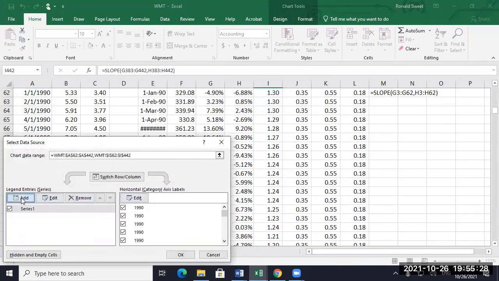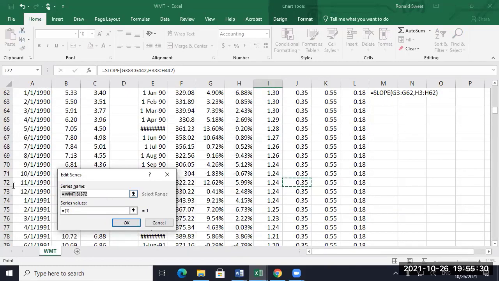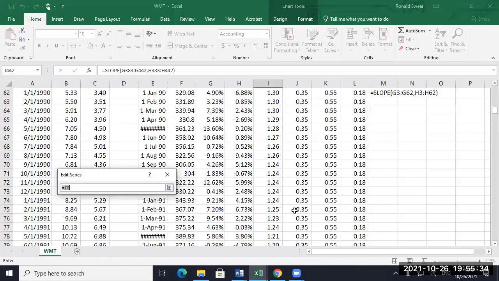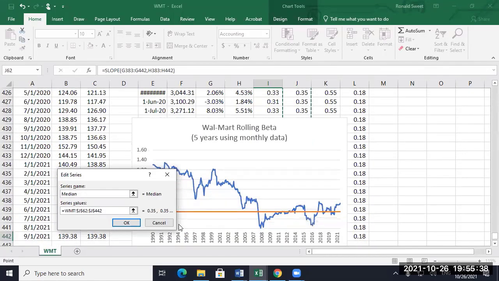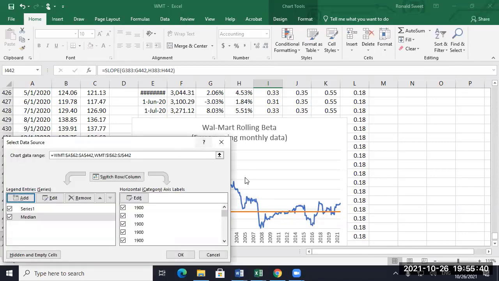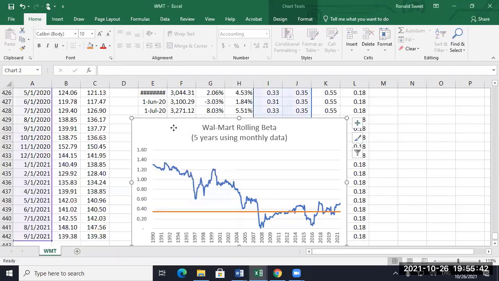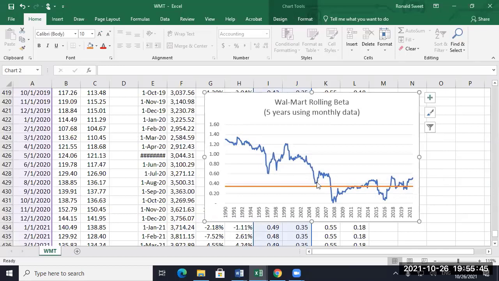All right, so let's add median. Now, if you wanted to on this chart, you could start the median right here, or you could just do your entire chart from 2004.